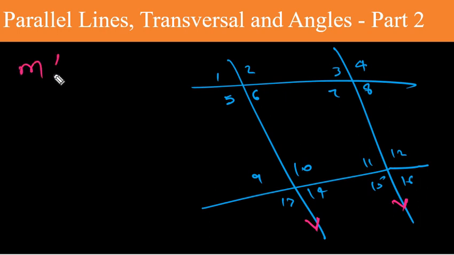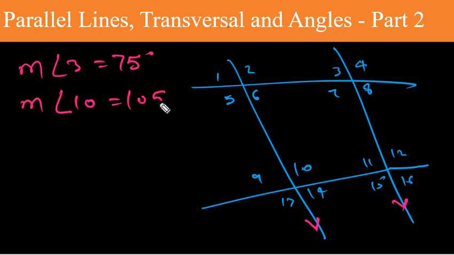Now angle 3 is 75 degree, angle 10 is 105 degree. So what you have to find is, tell me first, angle 2. What will be angle 2?